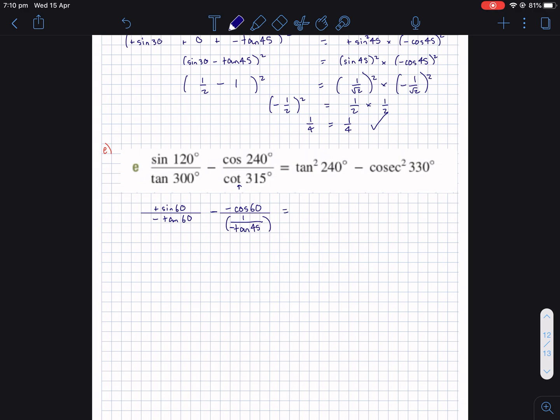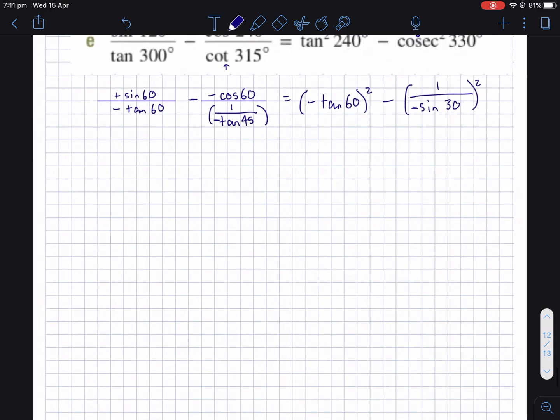We're going to show that it equals tan 240 negative tan 60 squared minus cosec 1 on sine, and this is going to be negative sine 30 squared. Okay. Whew, this is going to be cool.